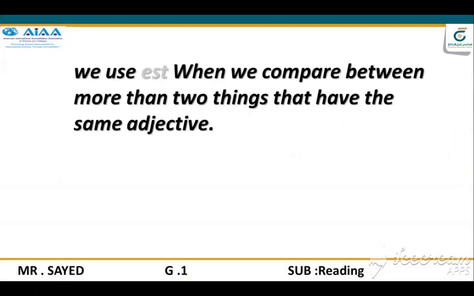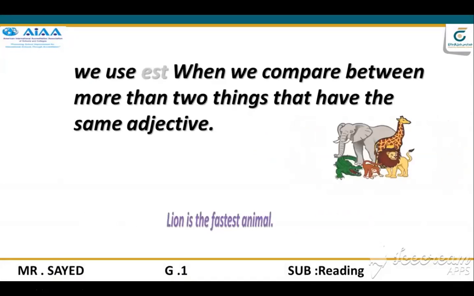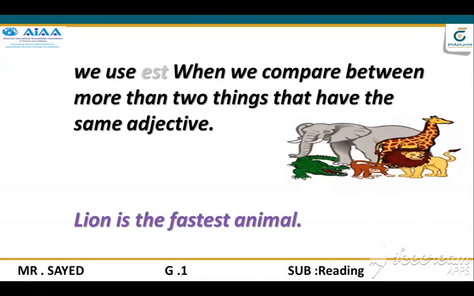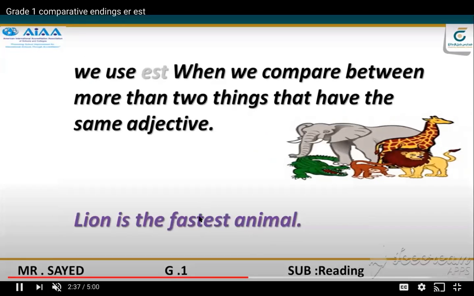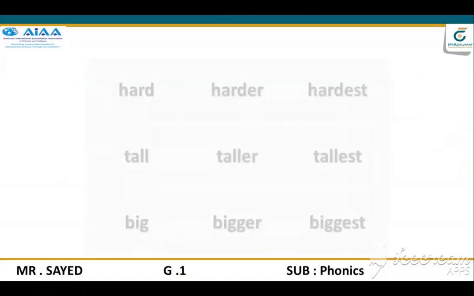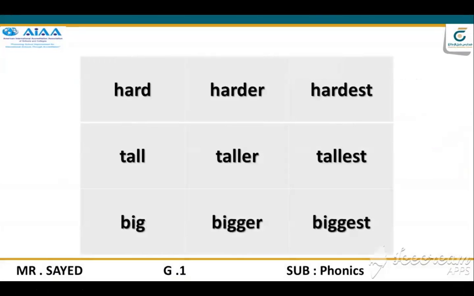We use EST when we compare between more than two things that have the same adjective, such as lion is the fastest animal. So here we have 5 animals we're talking about, and lion is the fastest. We could say elephant is the heaviest.